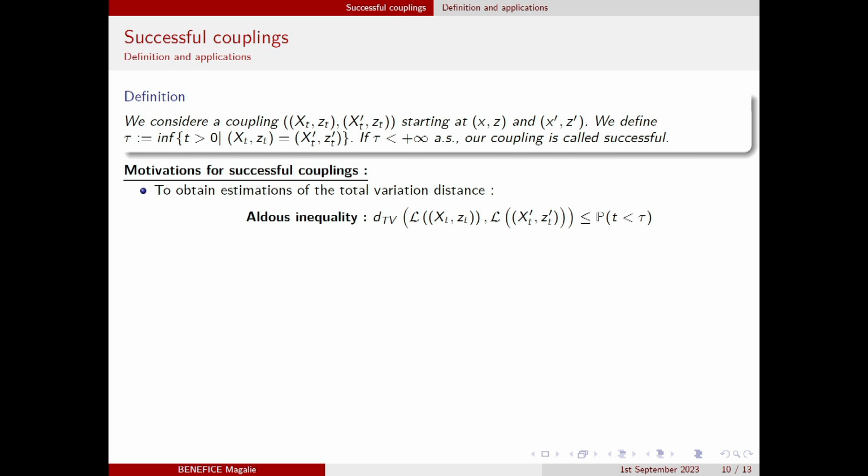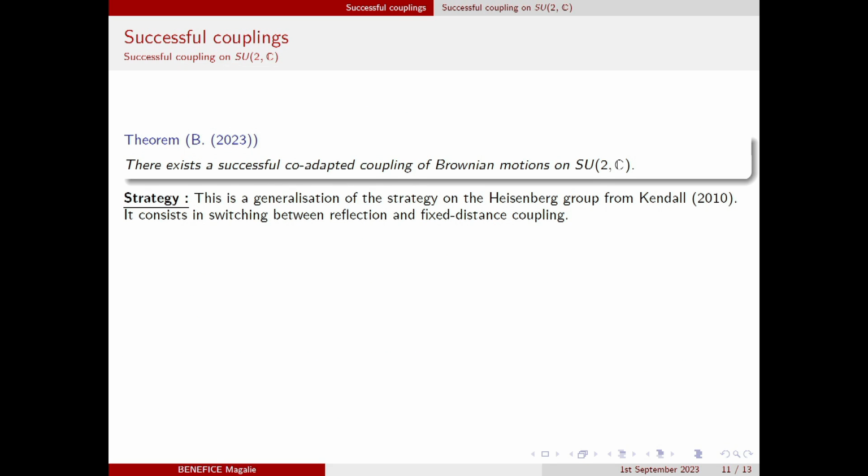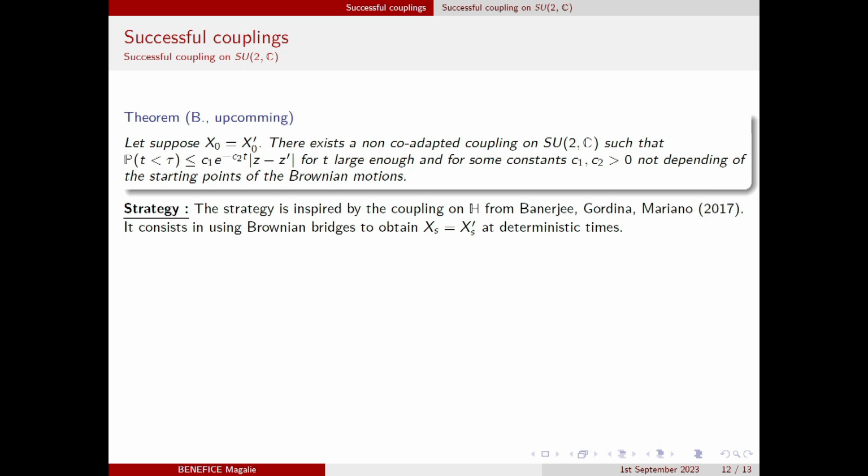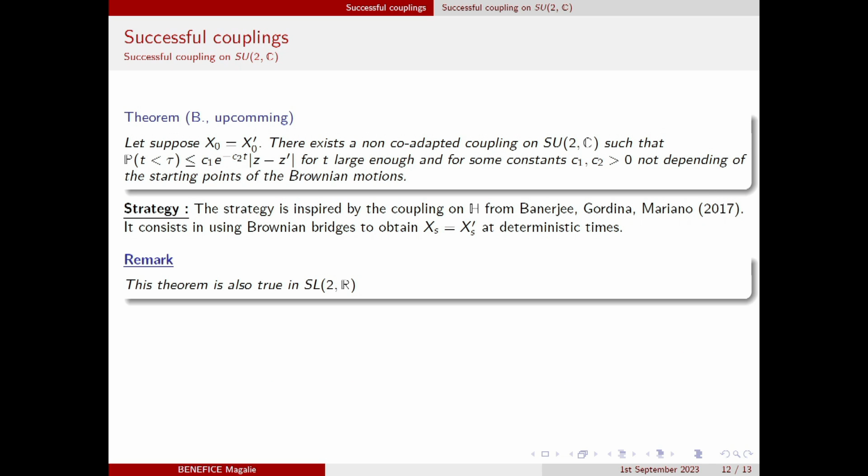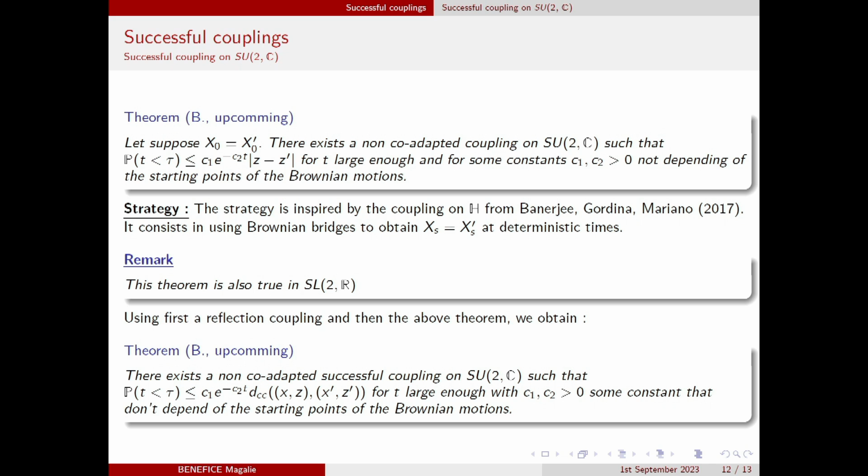And so, combining these results and this theorem, I will have a successful coupling on SU2C, and I will also have a bound depending on the Carnot-Carathéodory distance, so this distance on SU2C between the two starting points.